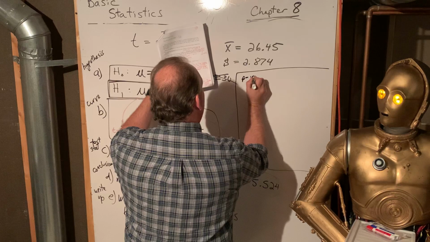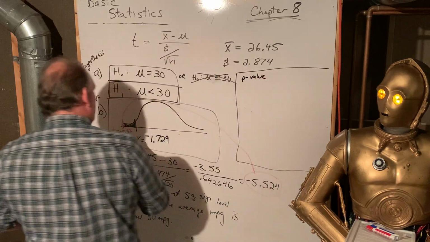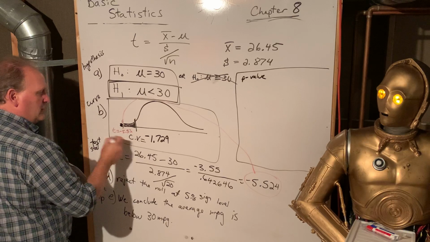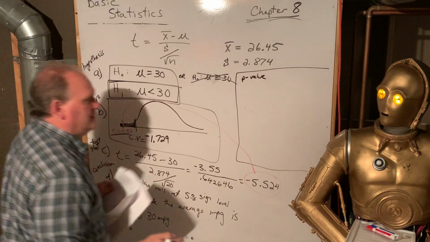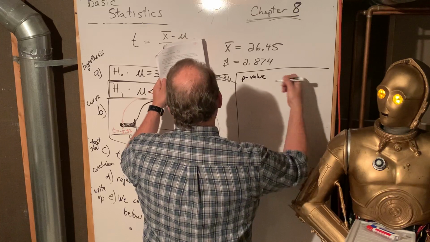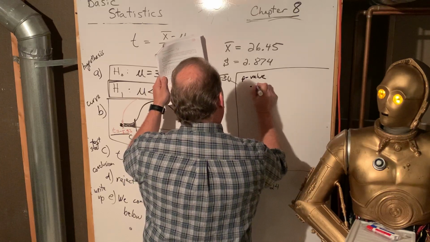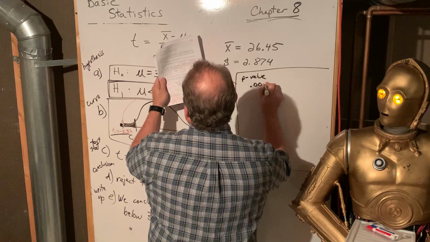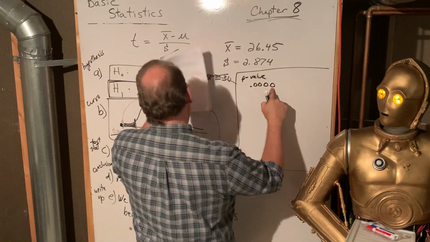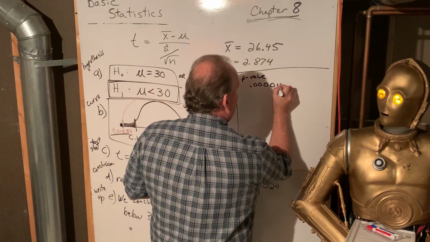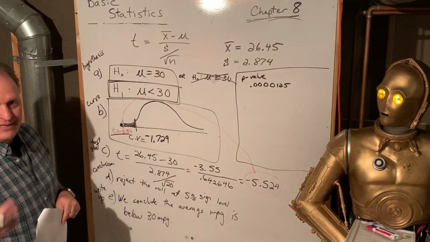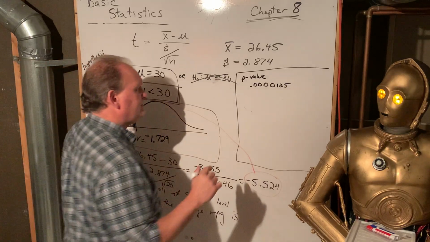So what is a p-value? The p-value is this percentage, the percentile, basically, that would match with this t value, the t statistic. So what value matches with that? Well, according to the TI calculator, 4 zeros, 0.0000125. Well, how do we interpret a p-value? The p-value is stated like this. It's a little tricky.